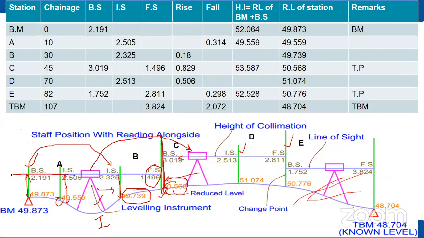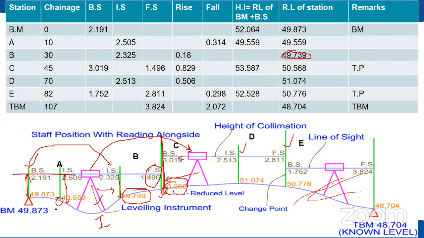Then you get the RL of the instrument axis, 52.064. 52.064 minus 2.505, you get 49.559. This is the RL. 52.064 minus the next sight, whatever sight is there, 2.325. Then you get the RL of this point. This is the height of the instrument method.